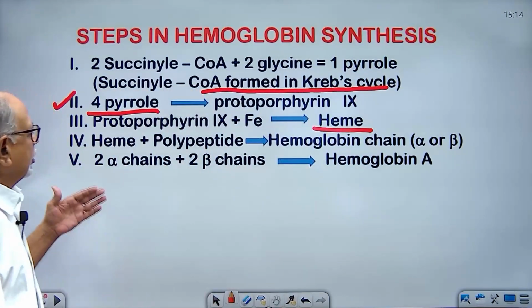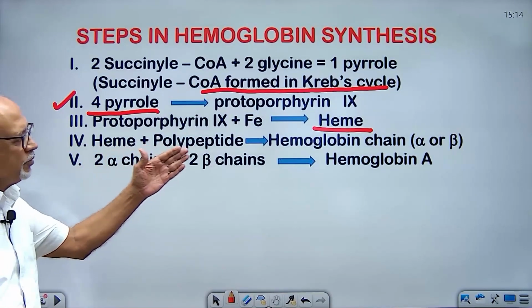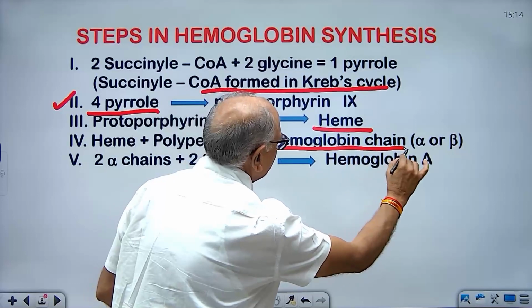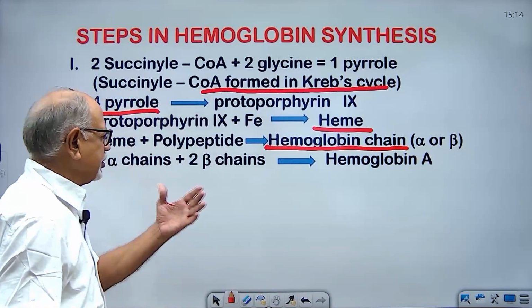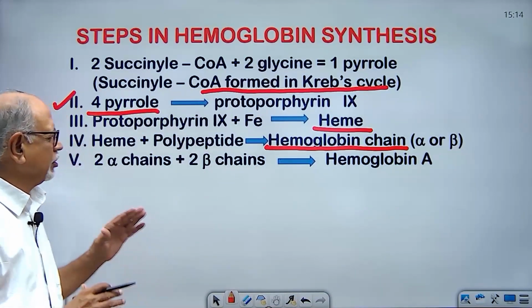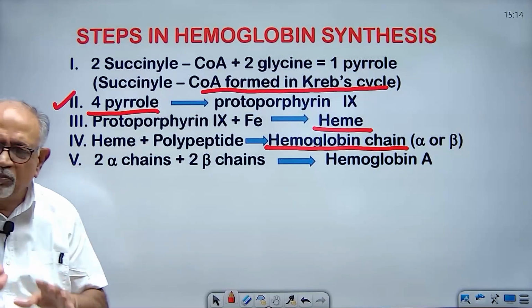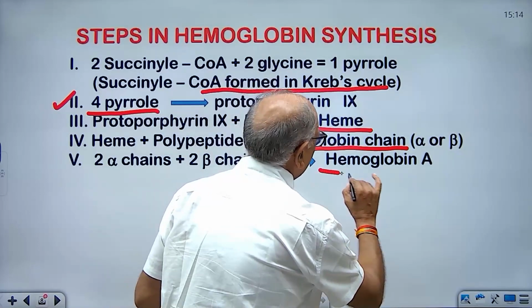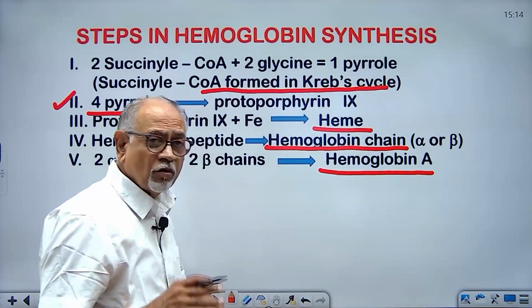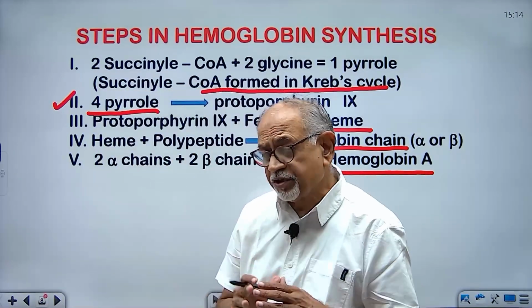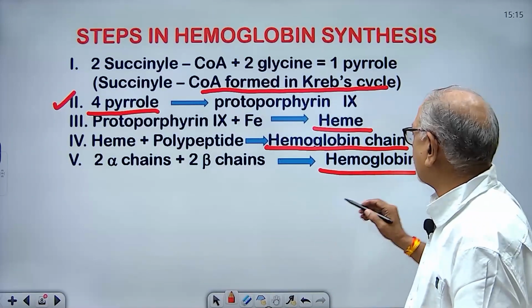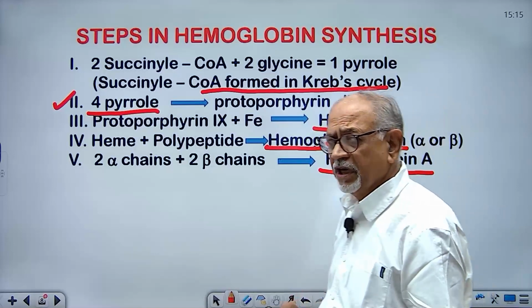Now, heme plus polypeptide forms hemoglobin chain, either alpha or beta, and such 2 alpha chains and 2 beta chains form a hemoglobin molecule. The hemoglobin molecule in which there are 2 alpha chains and 2 beta chains is called hemoglobin A.